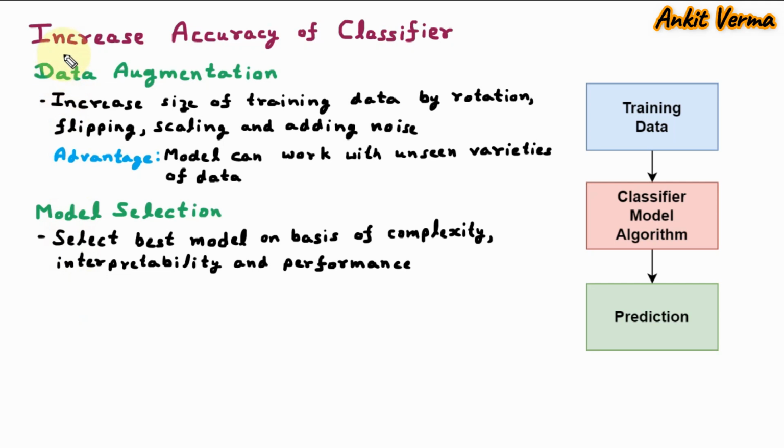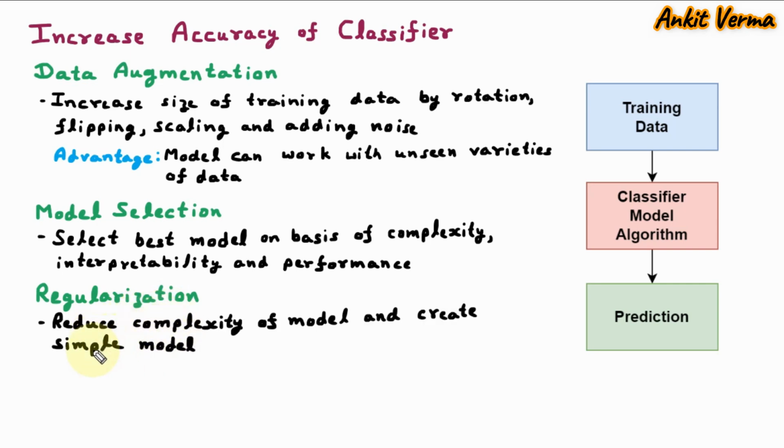Now the next technique to improve accuracy of classifier is regularization. Regularization reduces the complexity of model and creates a simple model. Here it tries to create a simple model, that means which can work very easily, which takes less time.